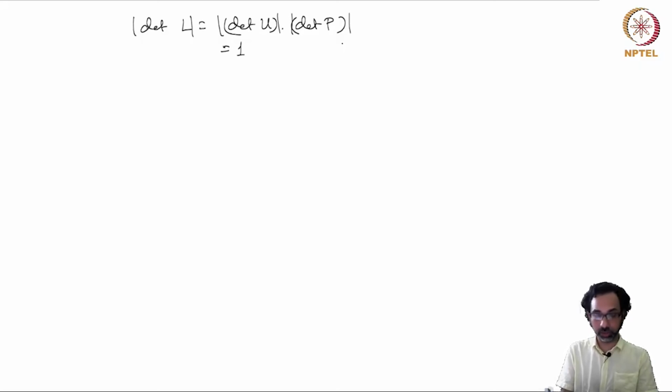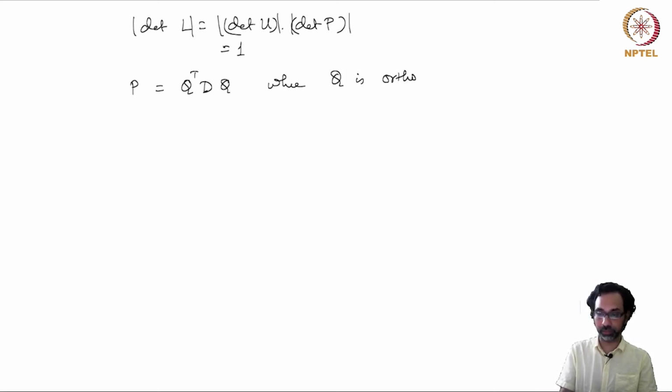Now we can further decompose P as Q transpose DQ, where Q is again an orthogonal matrix, and D is a diagonal matrix.